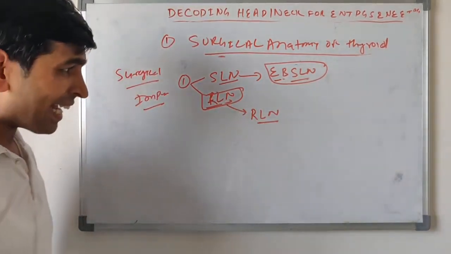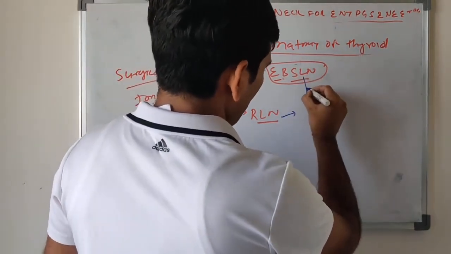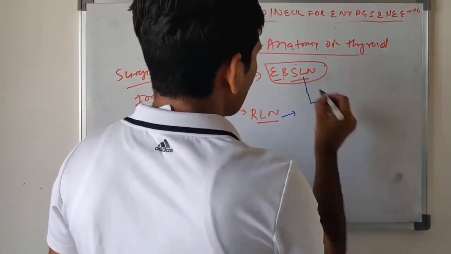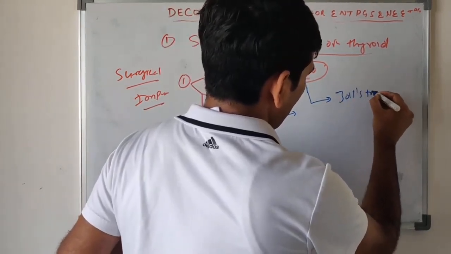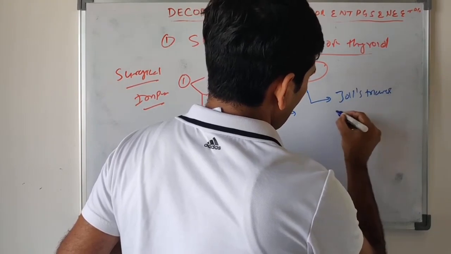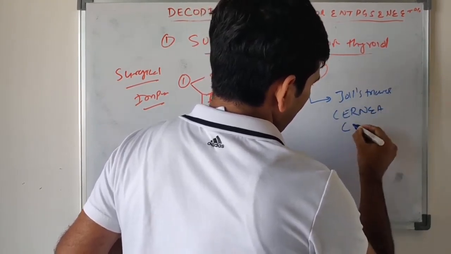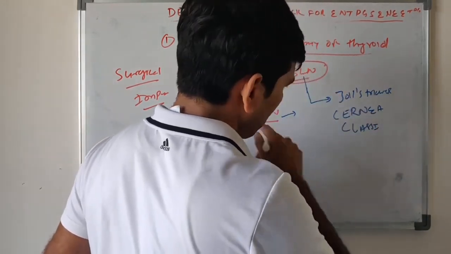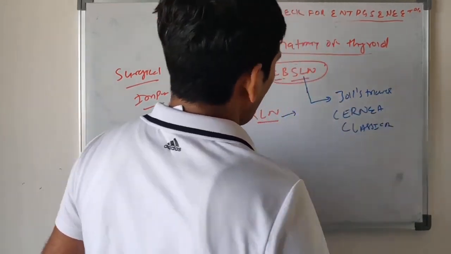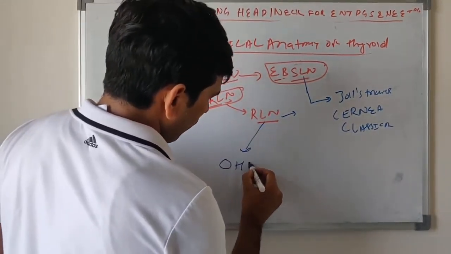So the triangles of concern: for the external laryngeal nerve, I will tell you Jolly's triangle, that is very important. The second one is the Cernea classification, to avoid injury to the external branch of the superior laryngeal nerve. For this, I will also tell you the Ohnishi triangle.